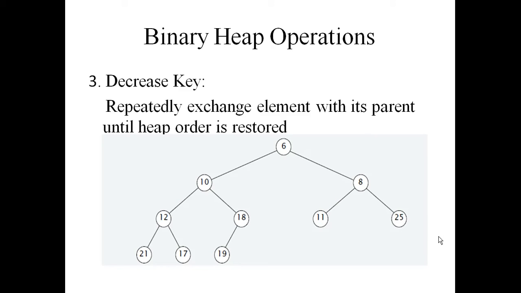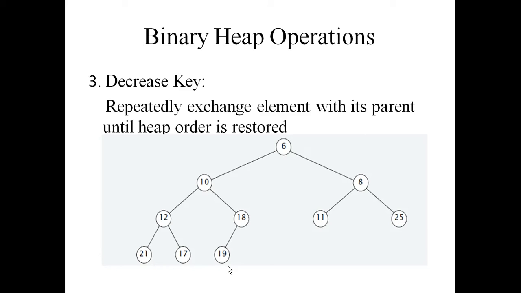Then we move to the third operation, which is decrease key. As the name tells you, decrease key means you have to simply decrease the value of a particular node. Let us say this is the heap that is given to us, and I want to decrease the value of this 19 to 11, for example. Now I have to check whether it is still a min heap.